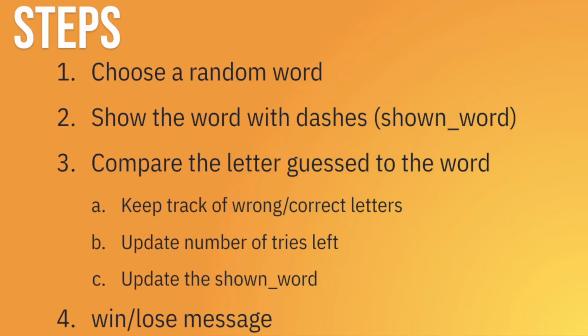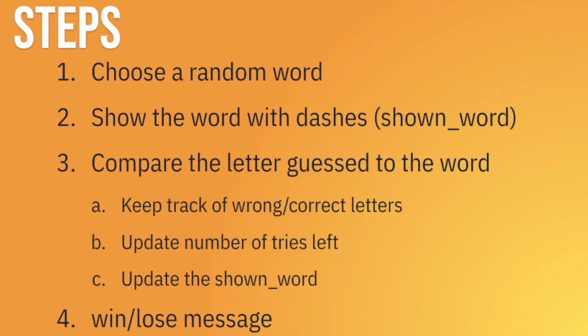So how are we going to make this? First, we're going to have the computer choose a random word from a list of words that we'll input. Then we'll show the word with dashes, so the number of characters that the word has, we'll show it with dashes in the terminal. And then we'll compare the letter that we guessed to the word in the computer code.